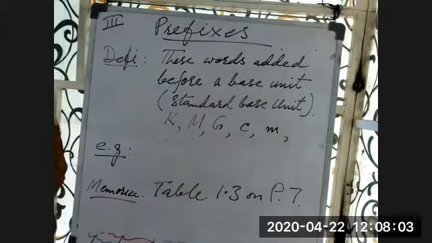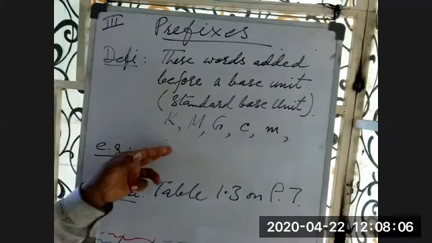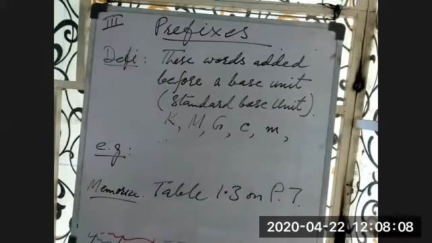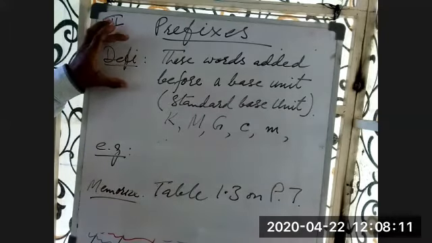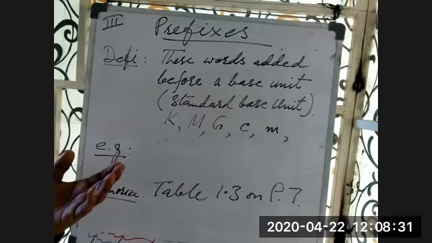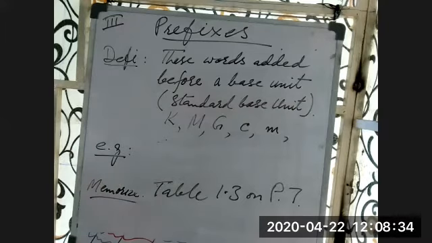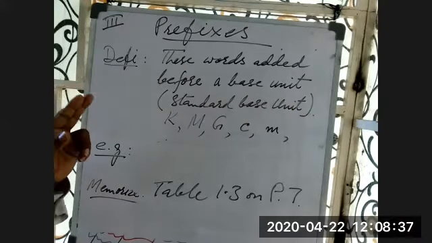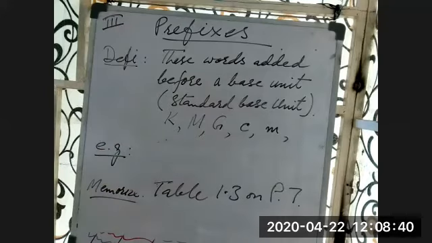And give a single short example. This example is given in your textbook. You will also memorize number 1, what is System International, SI of units. Number 2, what are base units, along with example. Number 3, what are derived units, along with the examples. And number 4, what are prefixes, along with example. And all these along with 3 tables.